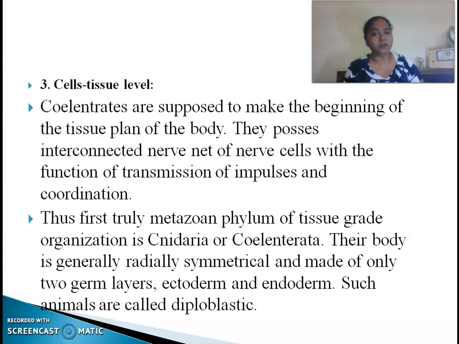Thus, the truly metazoan phylum of cell tissue organization is Cnidaria or Coelenterata. Their bodies are generally radially symmetrical and made up of only two germ layers, that is ectoderm and endoderm. Thus, such animals are known as diploblastic. The terms ectoderm, endoderm and radial symmetry will be explained in the later slides.